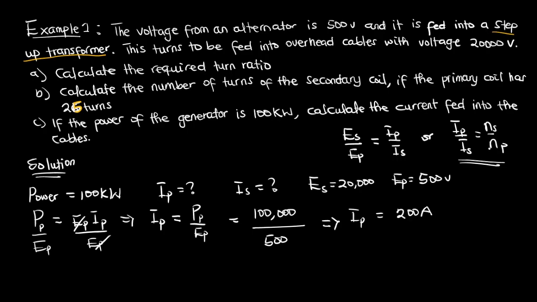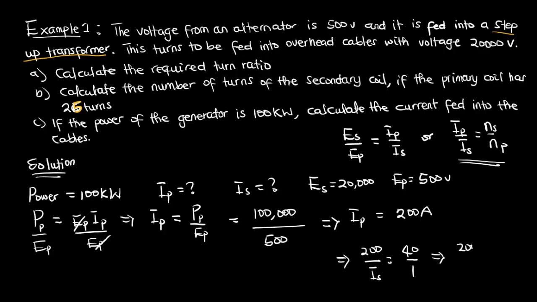So using this first, our IP, which is 200, so I have here 200 over IS, which I'm supposed to find, is equal to NS over NP, right? The NS over NP, the ratio is 40 is to what? 1. We've already established that. So therefore, this means that the 200 will multiply the 1 over here.